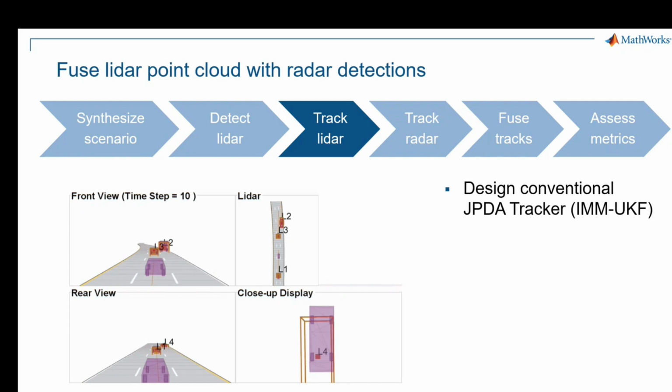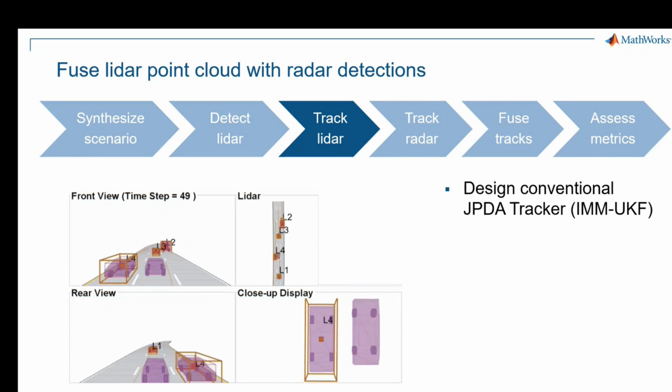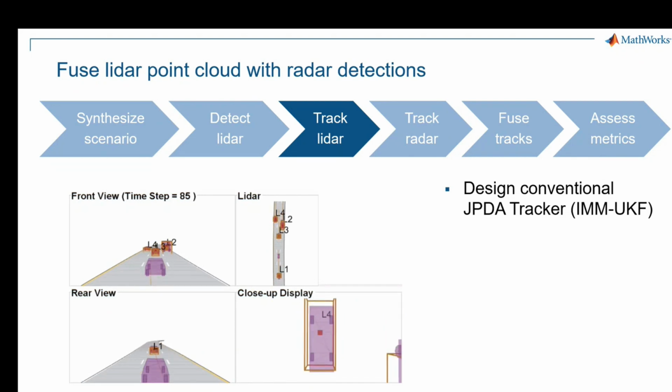Then we're going to connect a tracking algorithm that is going to track this bounding box over time. In this case, we are using a joint probabilistic data association algorithm, the JPDA algorithm, which is a multi-object tracker, so it's going to track multiple objects at the same time. And we also use, just as information, an IMM model.